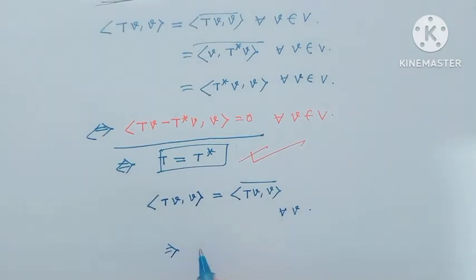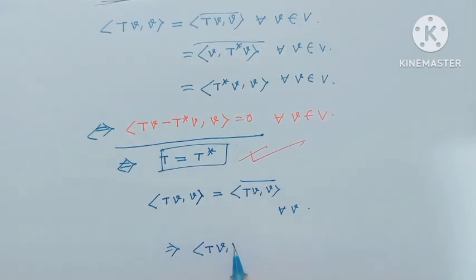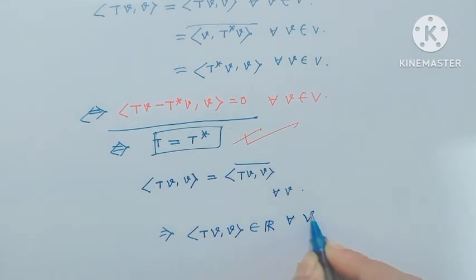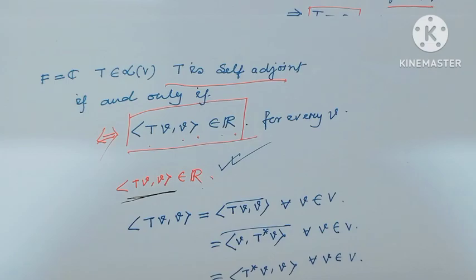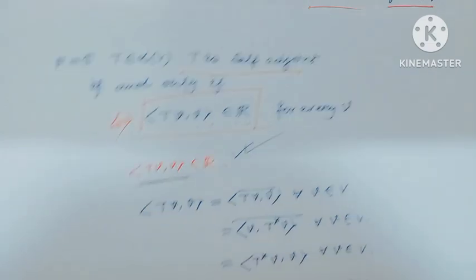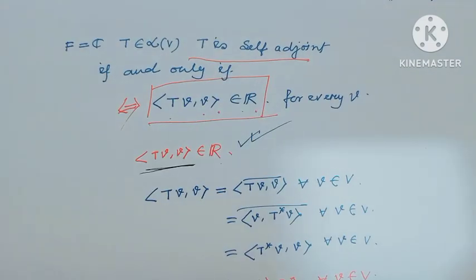Therefore, since this is equal, that implies the inner product of Tv with v belongs to the real field, and this is also true for all v. Therefore this is actually an if and only if condition, and this is our property of self-adjoint operators.